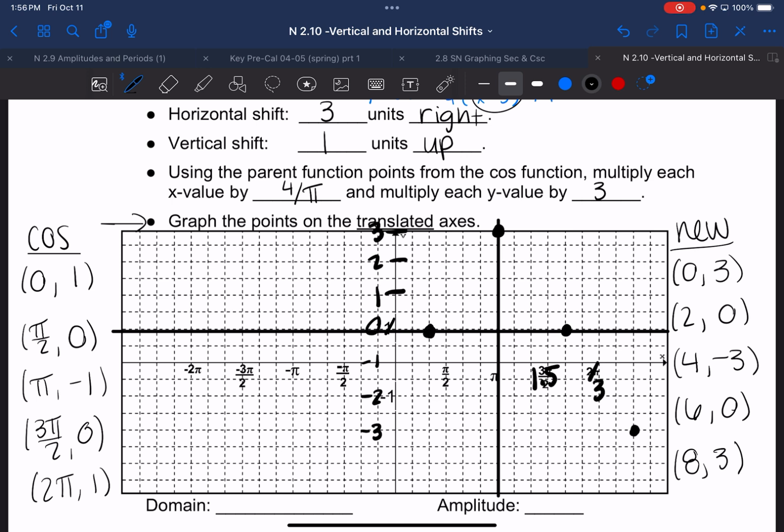So right here. And then same with that point that was down low, right? I should have another one in the exact same spot. So right about here. So if we go connect our points, it looks something like this.